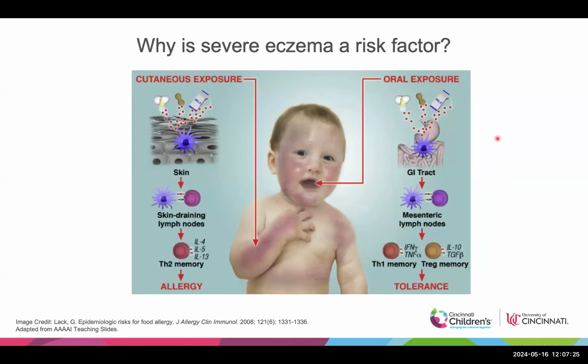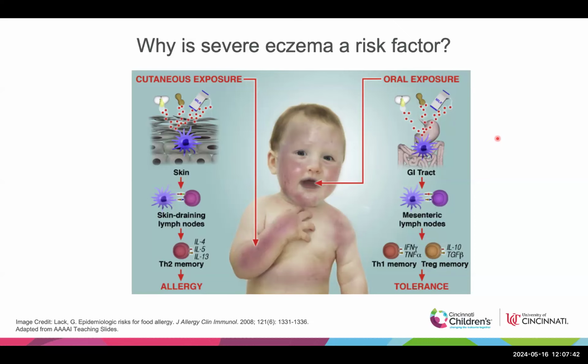The leading idea, and this is actually a paper from Gideon Lack, who's also the senior investigator of the LEAP trial that I will talk about, is the dual allergen exposure hypothesis. It's the currently accepted theory regarding why kids with eczema develop food allergy.